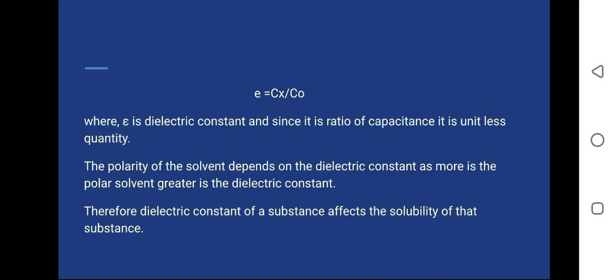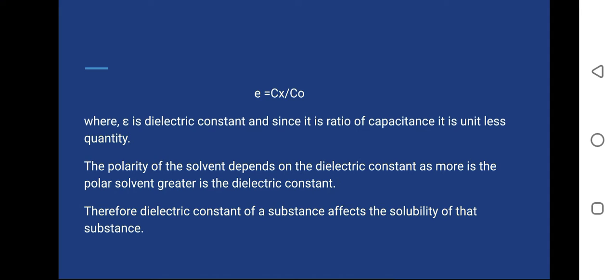The polarity of the solvent depends upon the dielectric constant. The more polar the solvent, the greater the dielectric constant. Therefore, the dielectric constant of a substance affects the solubility of that substance in different kinds of solvents. As we know, most drugs are non-polar or semi-polar, and there is a universal saying that like dissolves like.